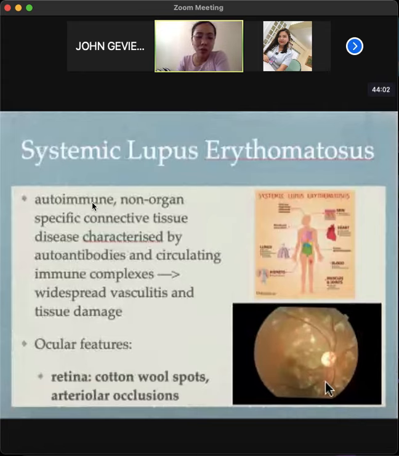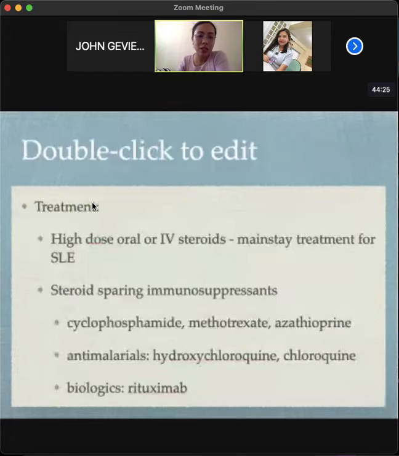So very typical picture of SLE retinopathy, cotton wool spots with arteriolar occlusions. So that's why usually SLE patients come to our clinic or OPD for screening. So we would check for ocular manifestations. Usually treatment would be steroids in these cases, and giving high dose steroids or immunosuppressants if you plan to give more or longer steroids. So usually the rheumatologist would handle these patients.